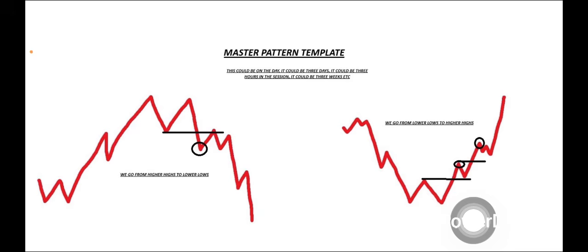Now, the master pattern template is a tool, okay? It's actually a symbol that represents something much larger than itself, okay? This is Stacey's entire strategy rolled into one simple yet comprehensive image, okay? It's a symbol. Now, symbols represent something much larger than they first appear, all right?